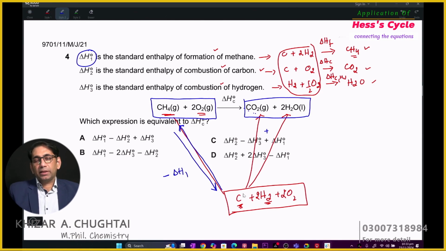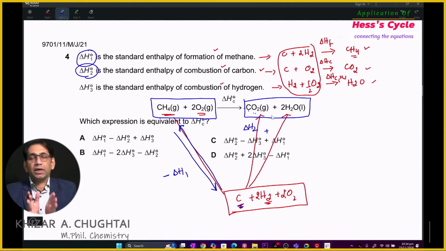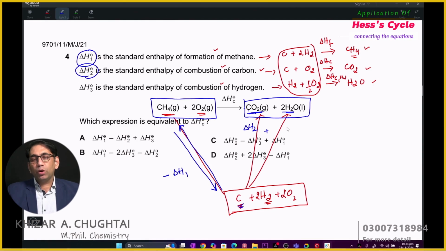What is the enthalpy of combustion of carbon? That is delta H2. Here is plus delta H2. If the vectors are going towards the same side, they make CO2 and H2O, and their enthalpies will be added up. So minus delta H1, delta H2, and it is also parallel with delta H3, that is for hydrogen.